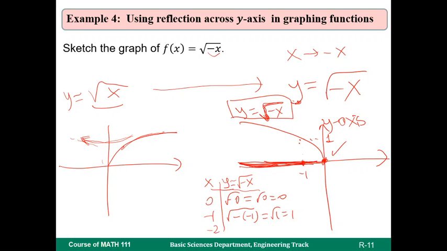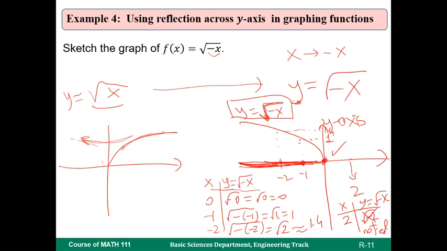So here, -2. -2 makes square root 2, which is about 1.4. So as you see, there is no problem with this. And if you take a point from here, for example, take 2, let's see what happens. Put 2, and then you have square root of -2, and this is not a real number.